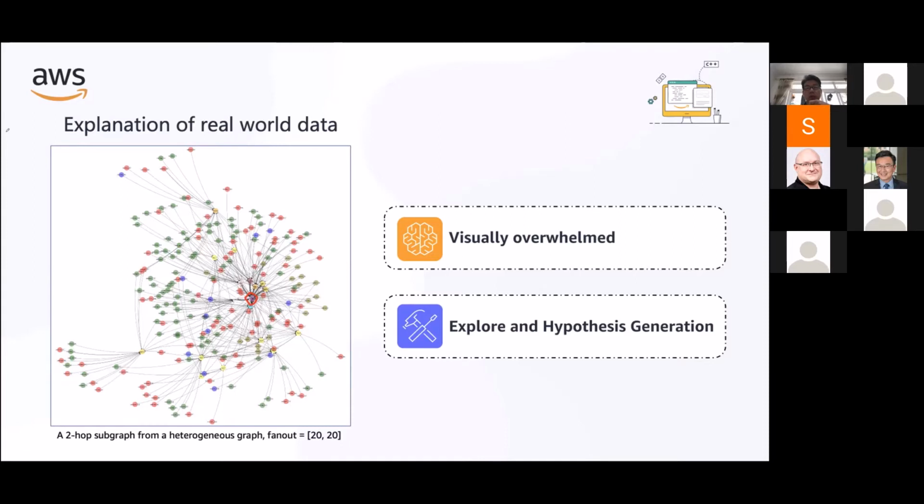For example, if they can see that a specific motif occurred in our customers' relations, then maybe it's an indicator of a fraudster group. So their expectation is like this.